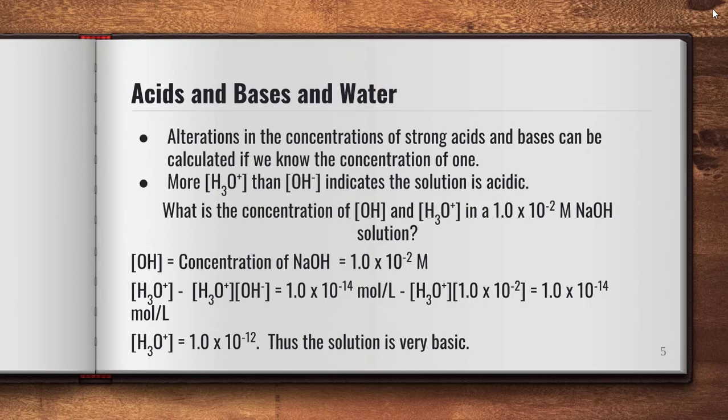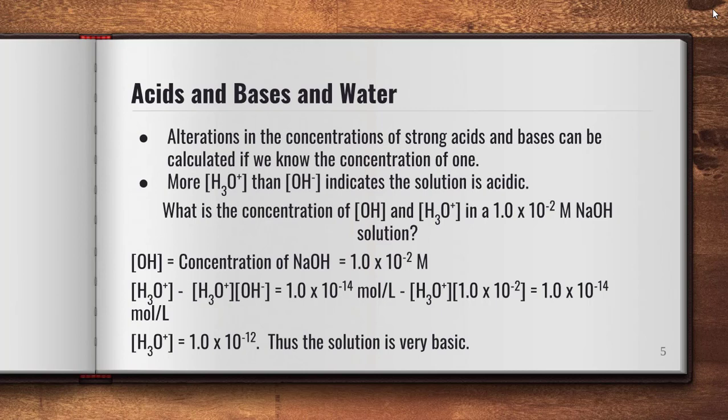We know that because it has OH at the end of it. It is also a strong base, which means that it is going to completely break apart, or dissociate, into its ions. So if I have 1.0 times 10 to the negative second molarity of NaOH, I'm going to have 1.0 times 10 to the negative second molarity of OH- ions because it all completely breaks apart.